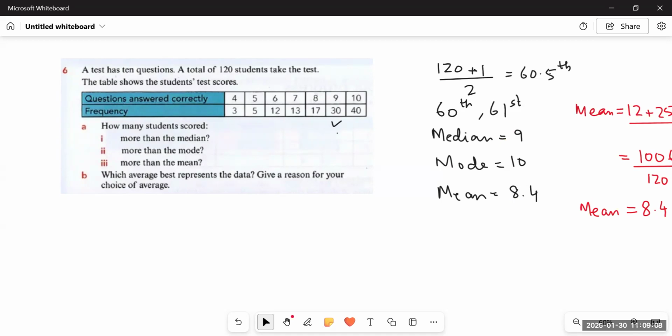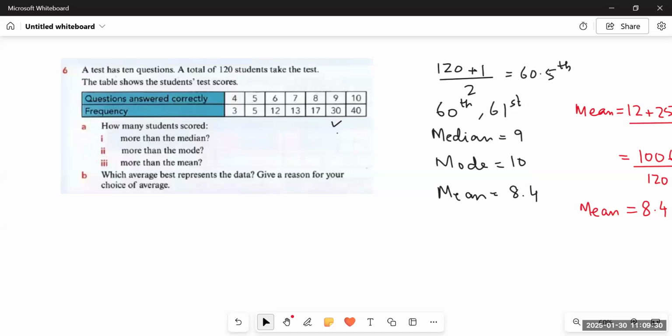So if they ask us which average best represents the data, we cannot go for mode. Just keeping it aside, let's talk about median and mean. If we talk about mean, mean would be the best because there are 70 above and 50 below the mean. So it sits quietly centrally in the whole data.